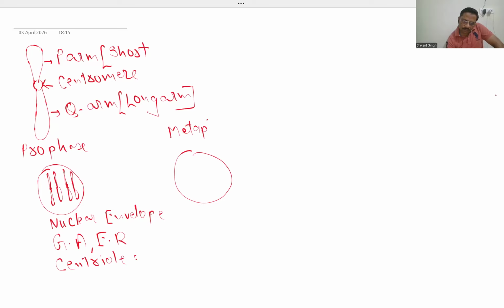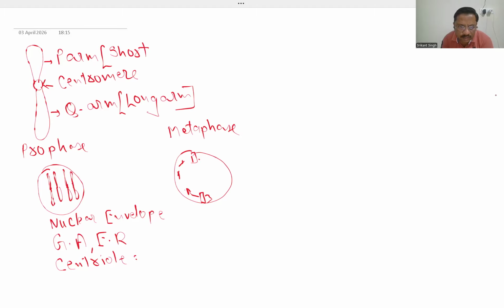In the metaphase phase, the centriole is already duplicated, so the centriole starts moving. The chromosome number is already contained.